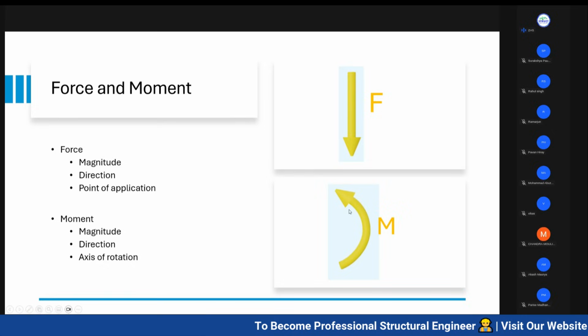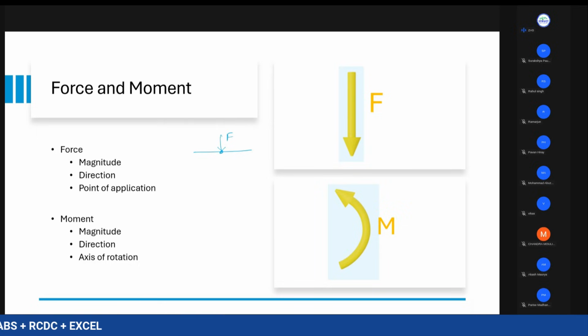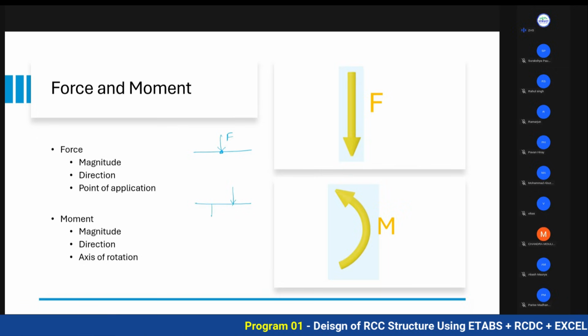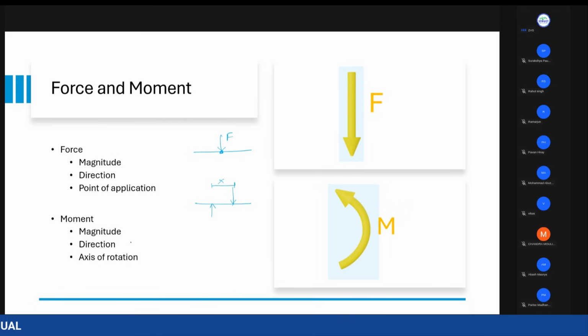So if I try to explain, if this is your member and you are applying some force over it at this particular point, this is a normal force which is applied. But in this member, if you apply one force like this and another force like this, two forces in opposite directions separated by a certain distance x, they will generate this kind of moment.